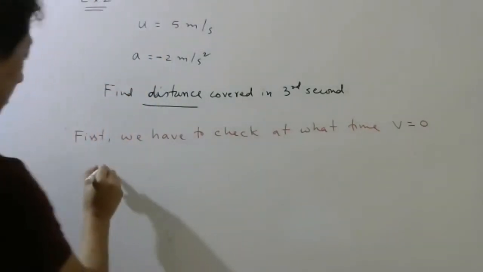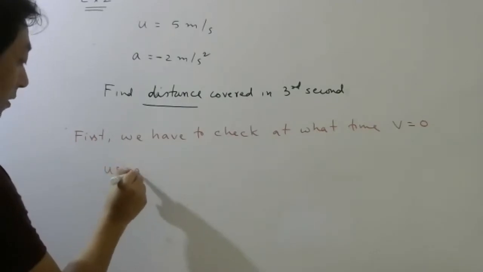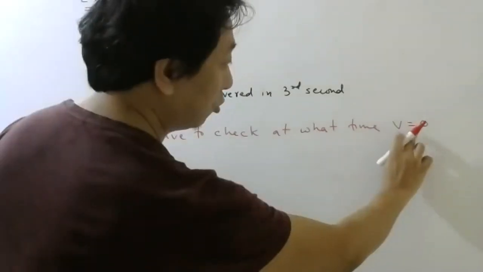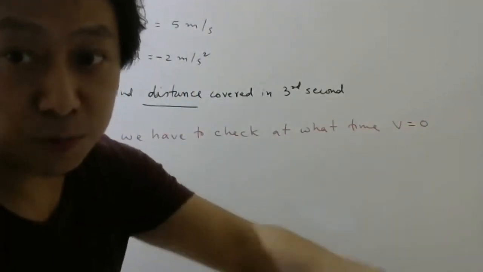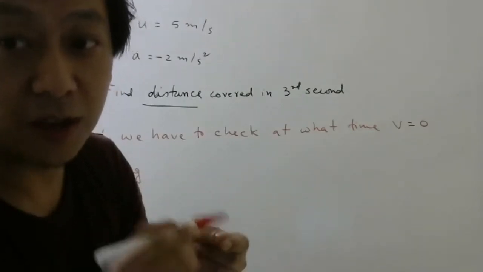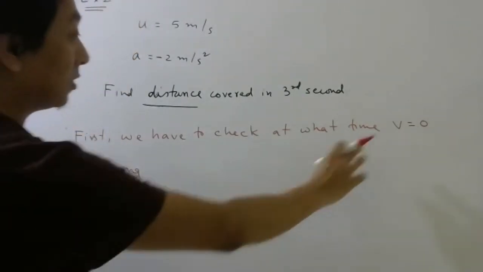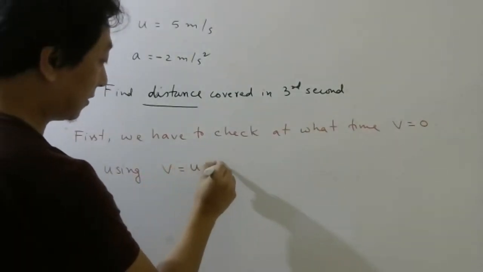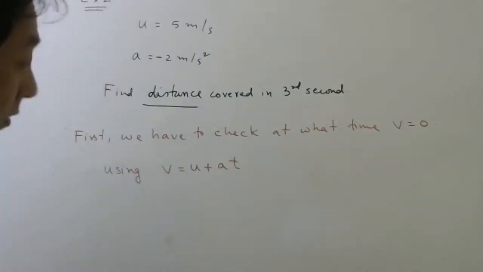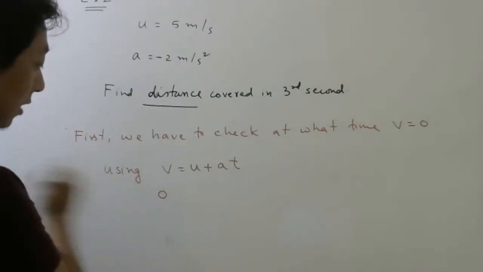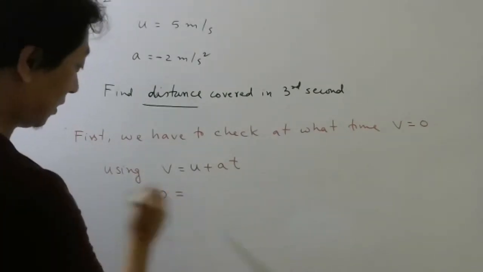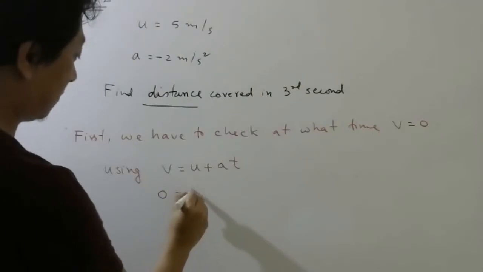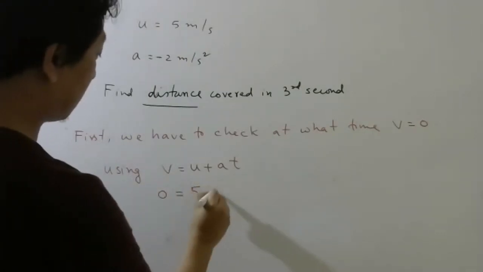Understood or not? Okay. How to check that? Very simple. Since I want final velocity to be 0 in order to know at what time it will turn, what is the formula? V equal to U plus A T. Final velocity I want to be 0. Initial velocity is 5. Acceleration is minus 2.